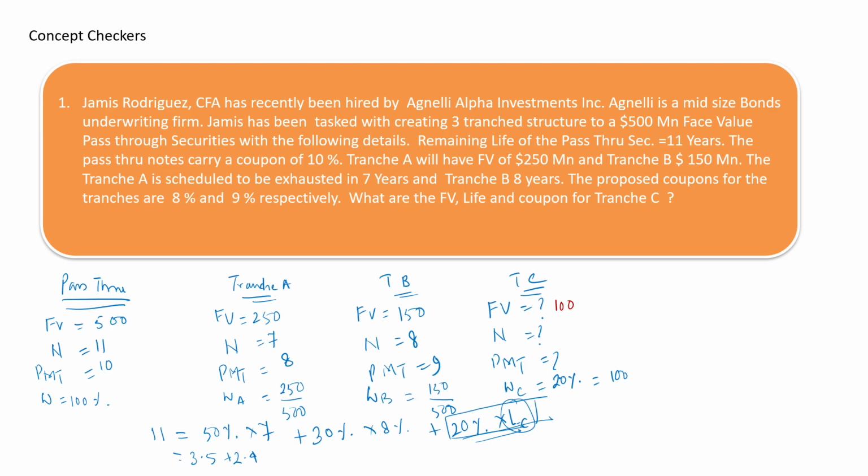How did we arrive at 5.9? Well, that's simple. 11 minus 3.5 minus 2.4 comes to 5.1. I'm sorry, so this becomes 5.1.